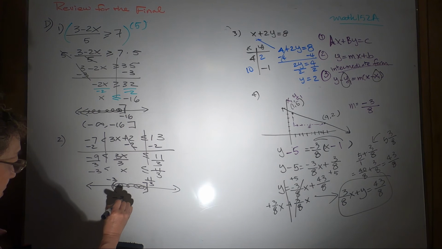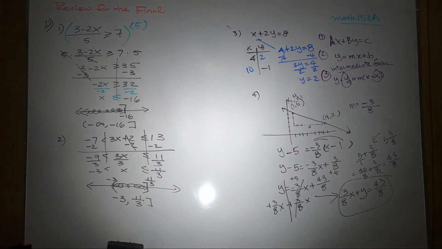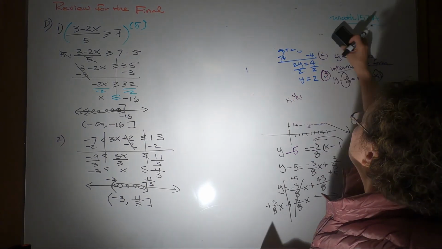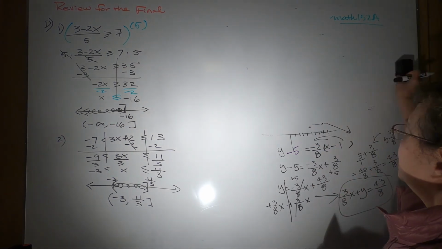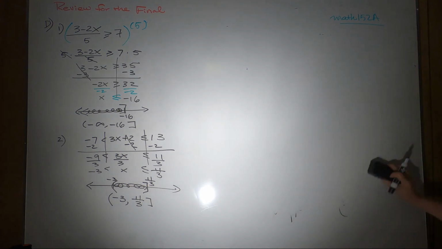So that would be negative 3 to 11/3, with a parenthesis on this side and a bracket on the other, right? Okay, so that would be our review for graphing and solving linear equations and inequalities.